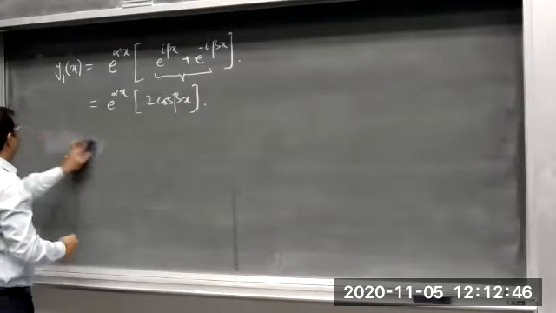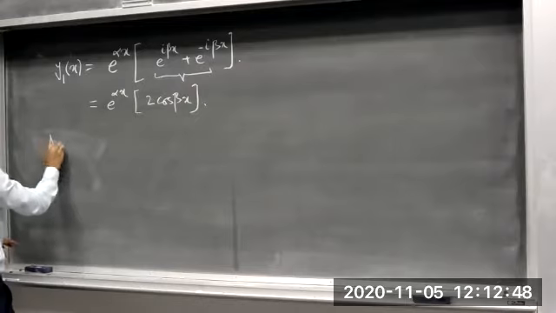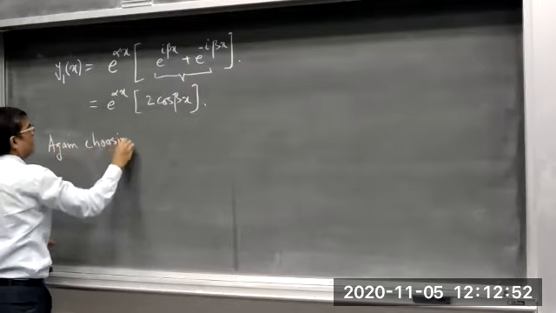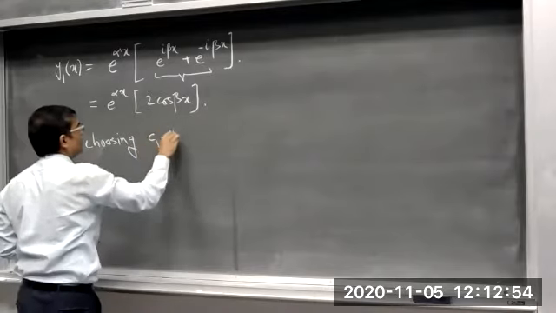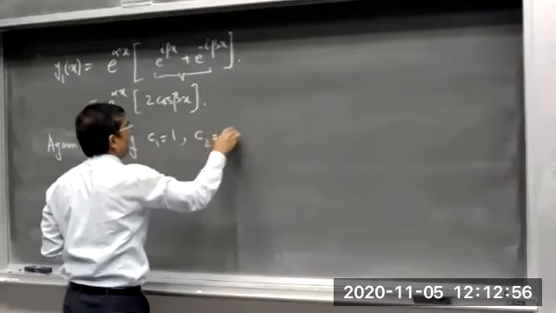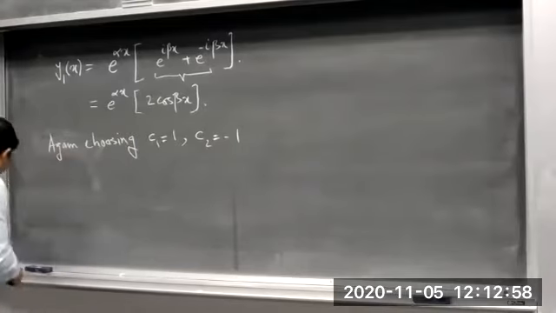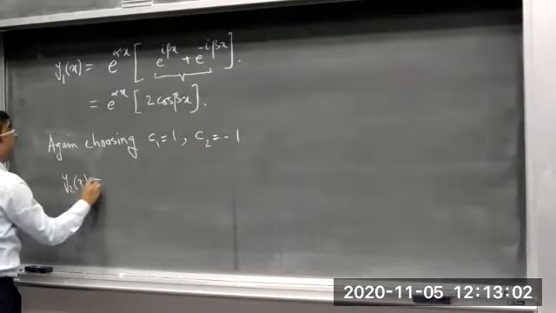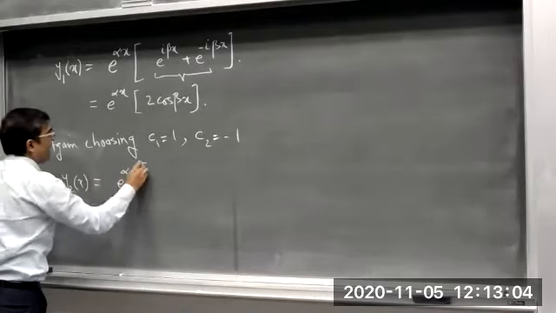if we choose C1 is equal to 1 and C2 is equal to -1. In that case, the second solution, we can write it in this form, e raised power alpha x.